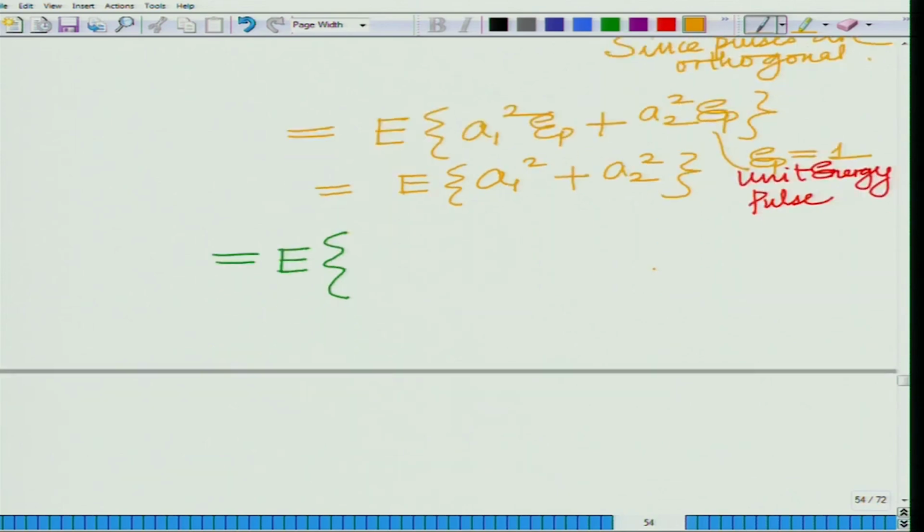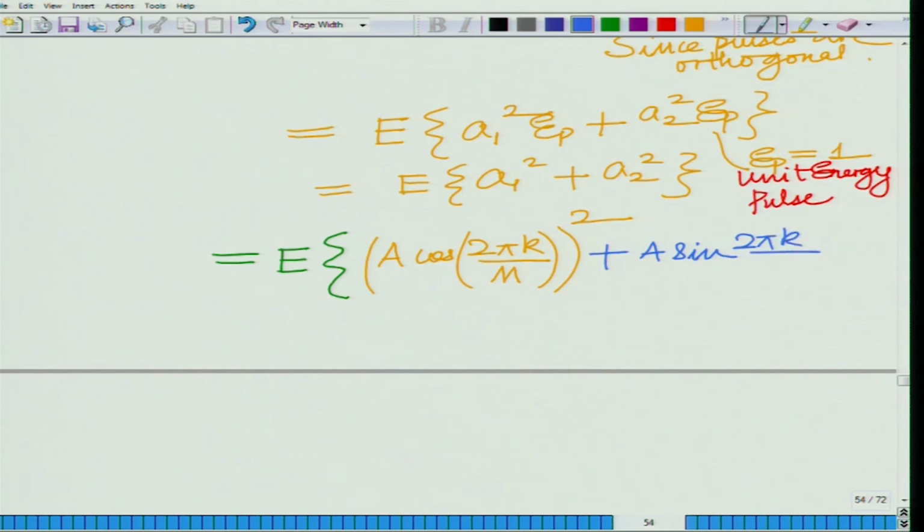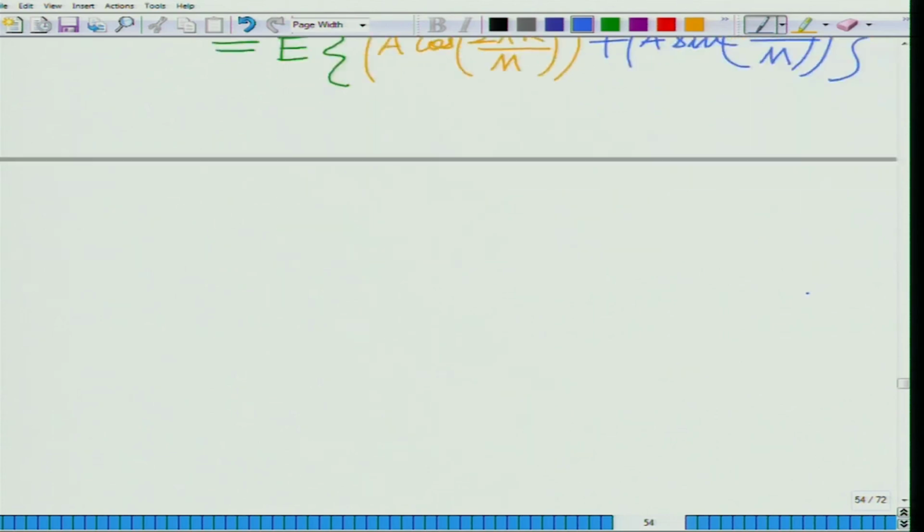And remember A1 is A cosine 2 pi k by M, whole square, plus A sine 2 pi k by M, whole square, which is equal to, of course, A square.